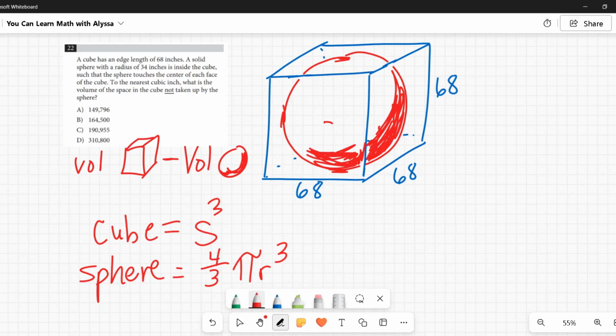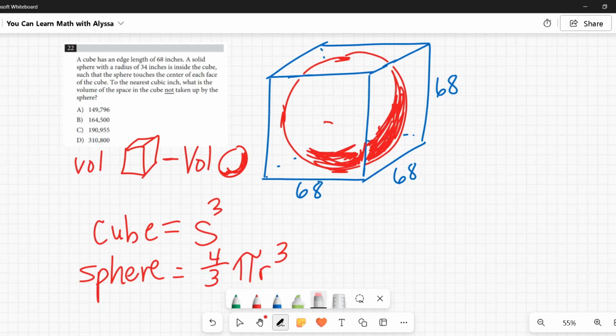Anytime that pi gets involved, I want to look at my answer options to see if I need to leave it in terms of pi or if I'm going to be multiplying it out. None of these have pi in the answer. So I'm going to be using the pi button most likely on my calculator, or I could use 3.14. 3.14 is the most common one, but I always have to look that up; I tend to forget what it is beyond that point.